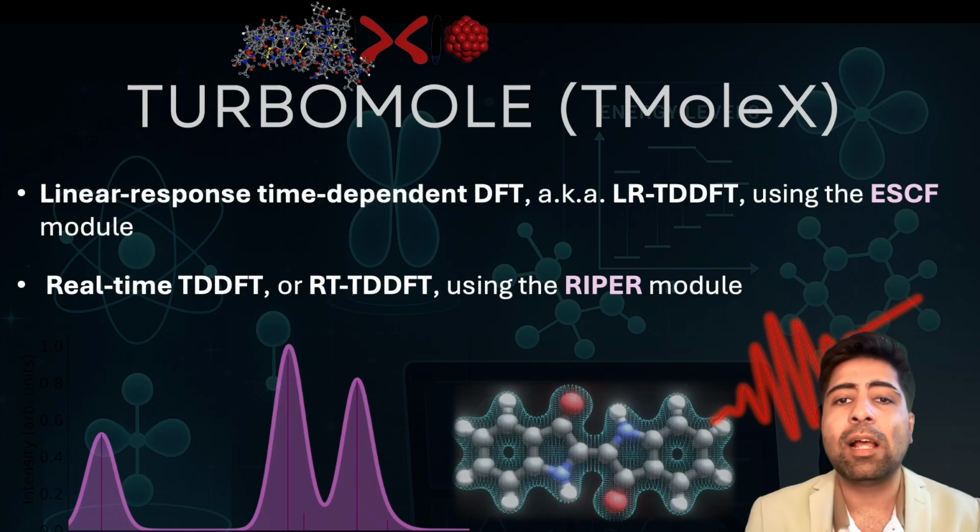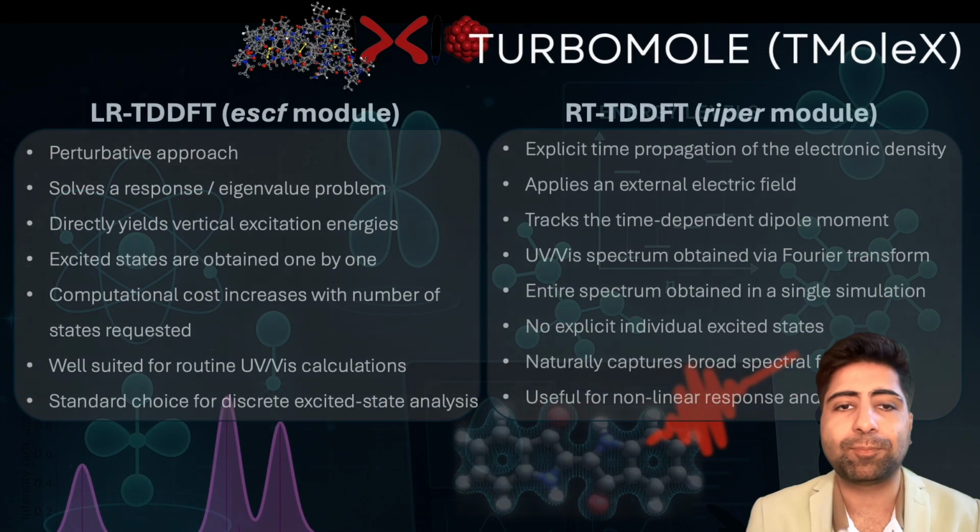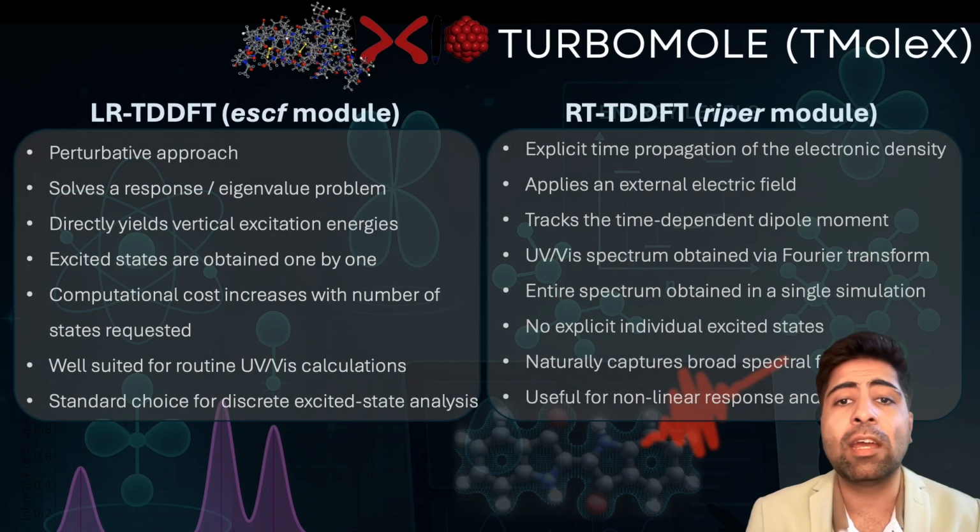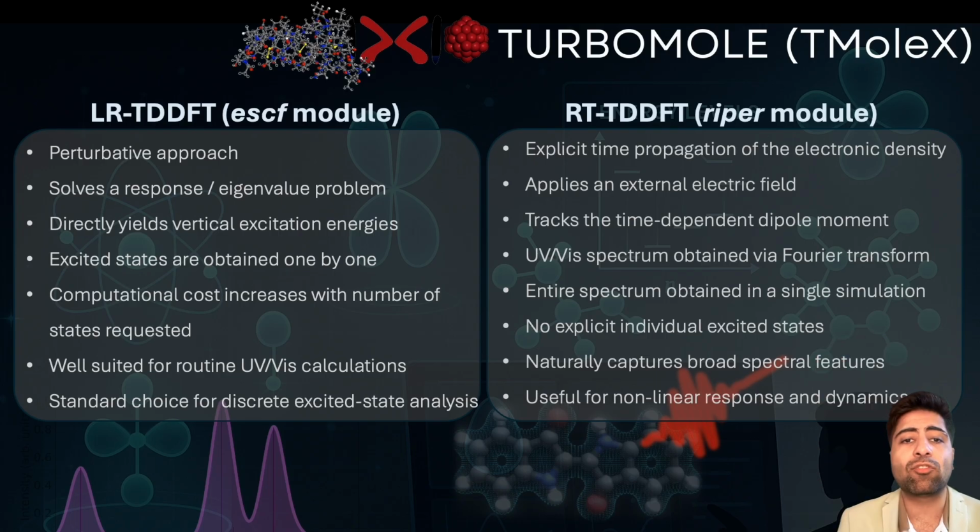Before we begin, let me briefly highlight the key difference between these two approaches. In LR-TDDFT, we directly compute the excitation energies and oscillator strengths by solving a response equation around the ground state density. This method gives us discrete vertical excitation energies and is usually the method of choice for routine excited state calculations.